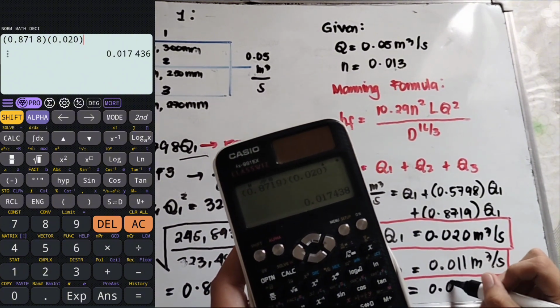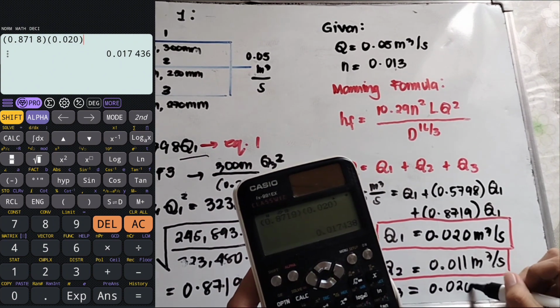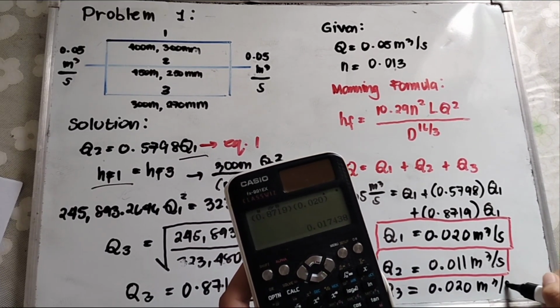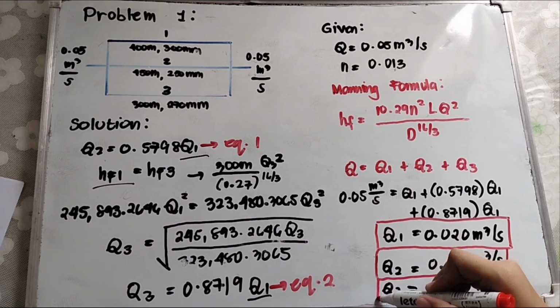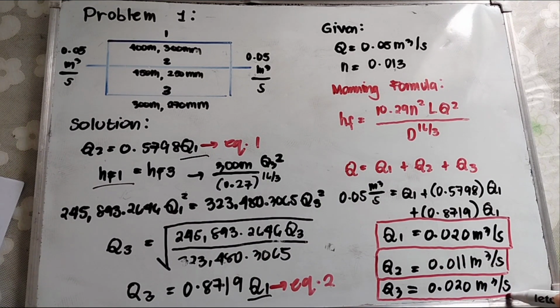So our discharge at pipe 3 is equal to 0.02 cubic meters per second. Again, in this specific problem, we use the Manning formula for us to be able to find the discharge in all pipes.